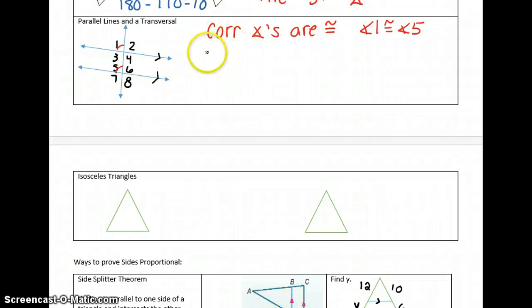Another relationship that you learned last year, alternate exterior angles are congruent. Those are on alternate or opposite sides of the transversal and on the exterior of the parallel lines. For example, 2 and 7.